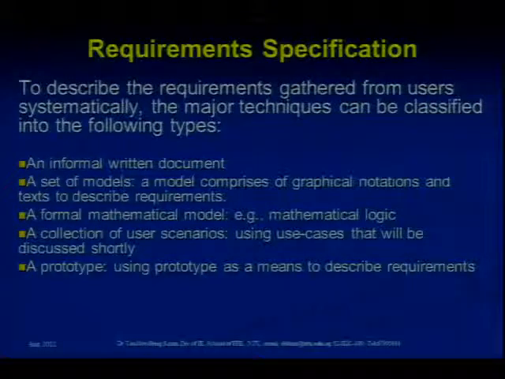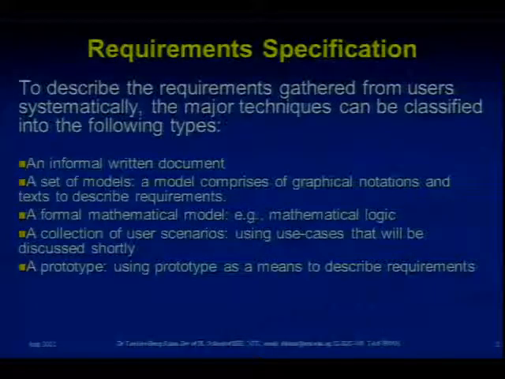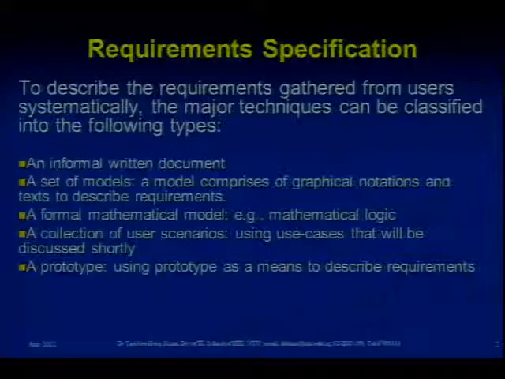The more commonly used type is this one, by using user scenarios, by specifying requirements through specifying the interaction between the user, external agent, and the system. So we are going to study the use case technique. The use case technique belongs to this type.